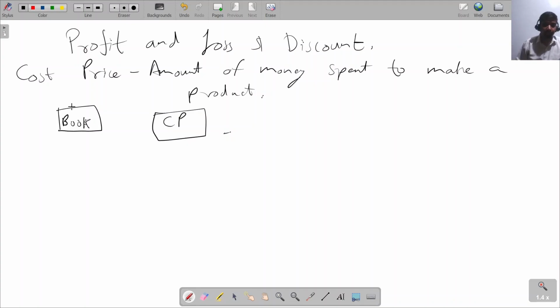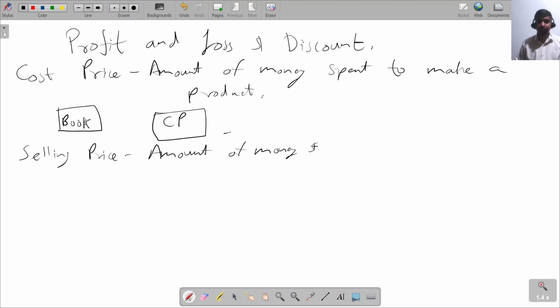Next we have selling price. The amount of money spent to buy a product is called selling price.